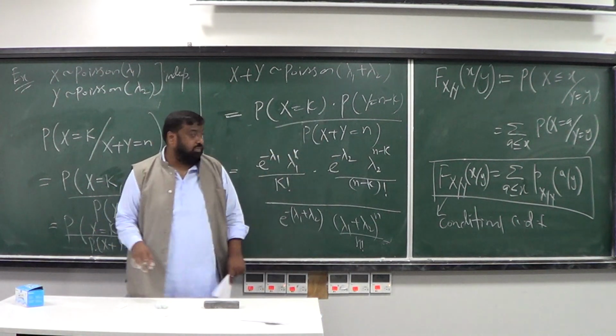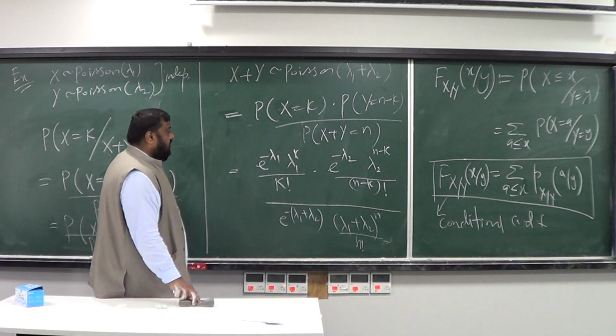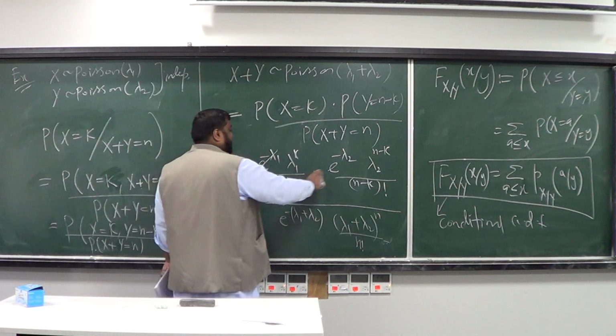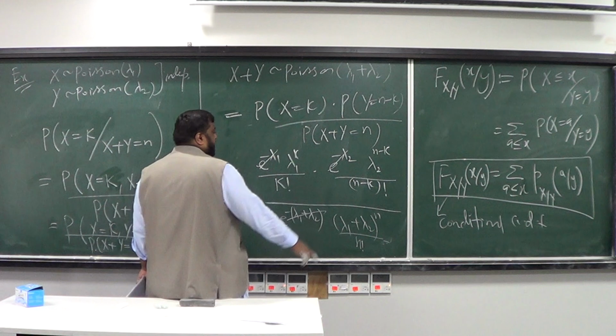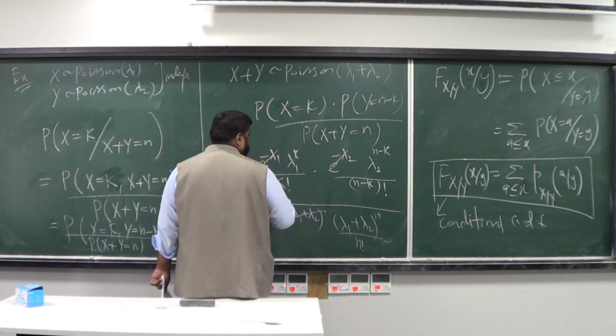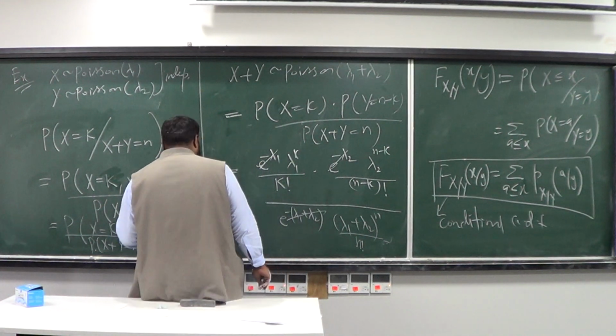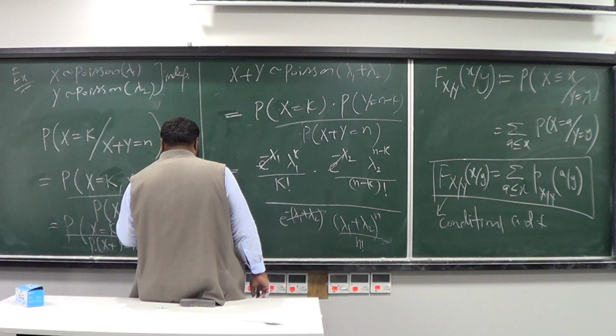Okay, so this is the expression that you're going to get. Now obviously these terms will cancel out. The n minus k factorial and k factorial will also cancel out.